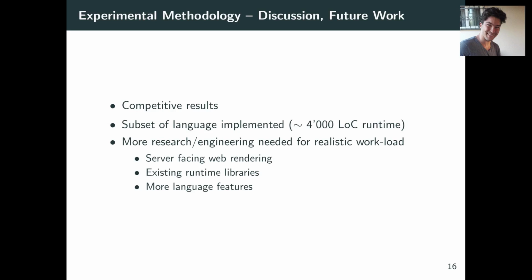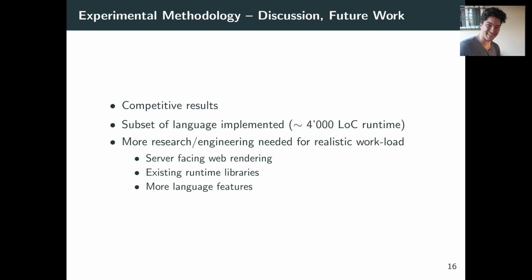So we see competitive results in this subset of the computer language benchmark game. We implemented a subset of the language specification of PHP with around 4,000 lines of Java runtime code. In future work, more research and engineering effort need to be invested in supporting more language features and especially benchmarking a more realistic workload.